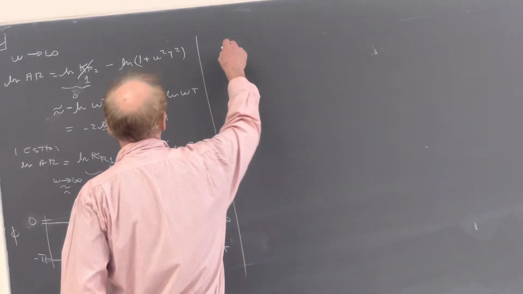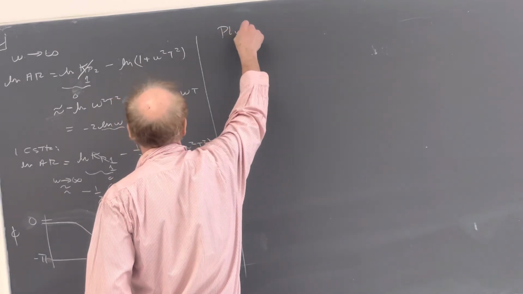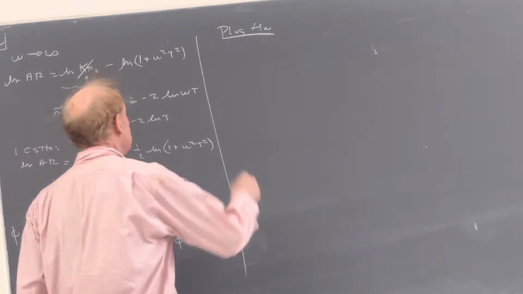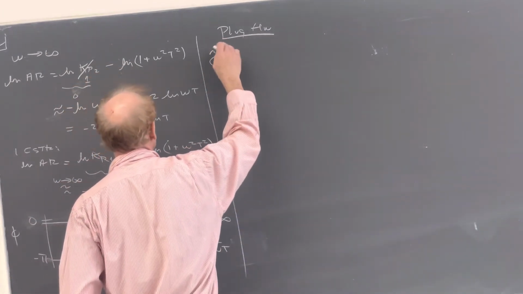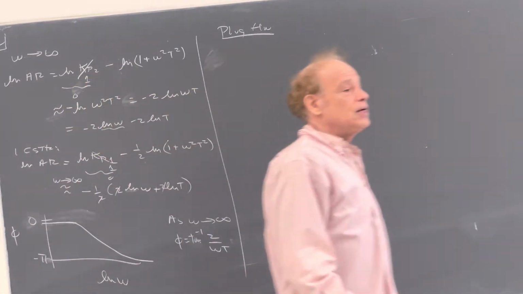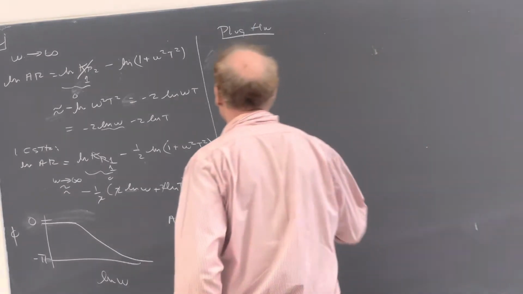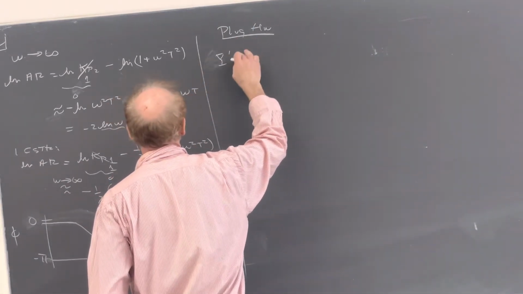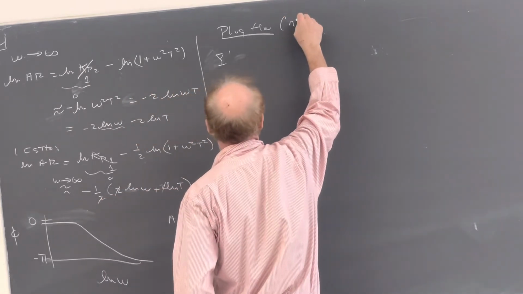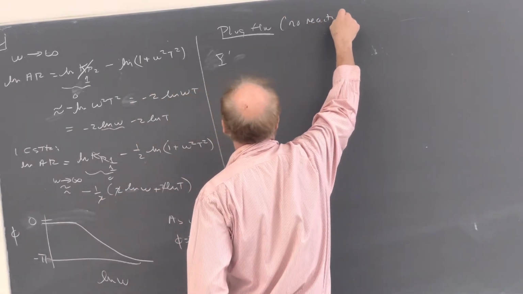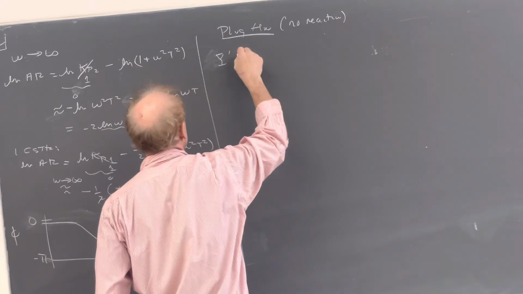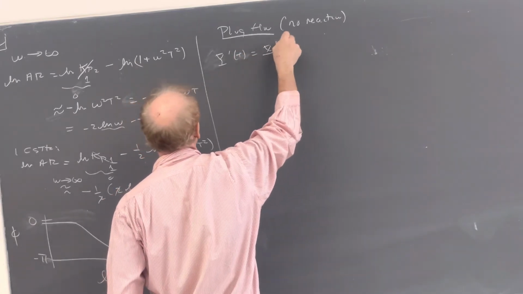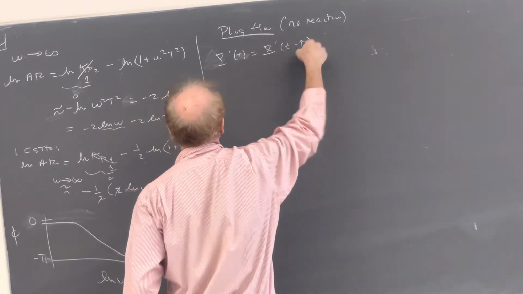Okay, one more. Let's look at a plug flow. In a plug flow reactor, we show that G tilde, that's just a plug flow, says that Y prime, if there's no reaction, is of T just X prime of T minus tau.